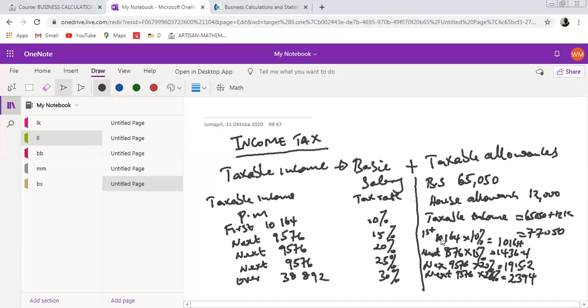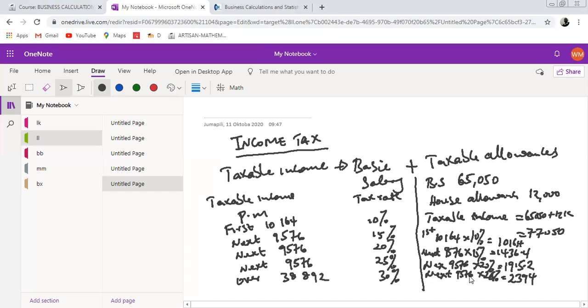We have taxed 10,164, 9,576, 9,576, 9,576. Let us see how much we have taxed first so that we can know the amount that has not been taxed. So we have 10,164 plus 9,576 times 3.